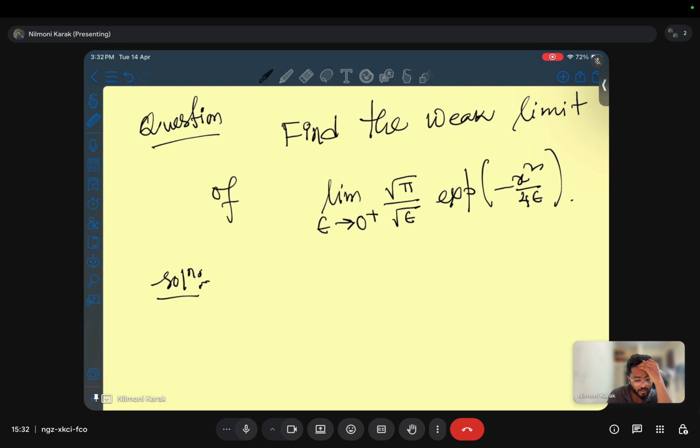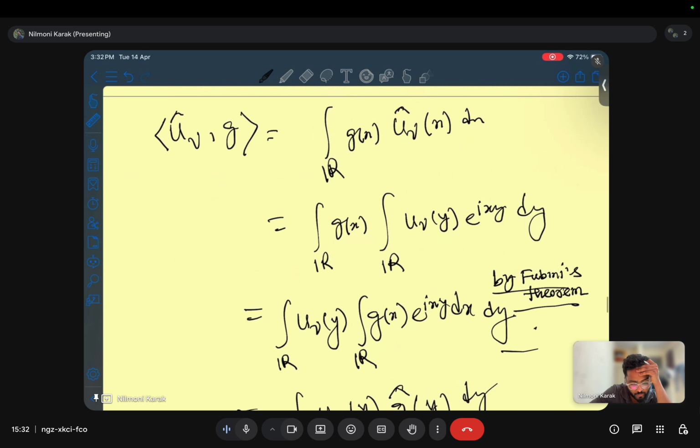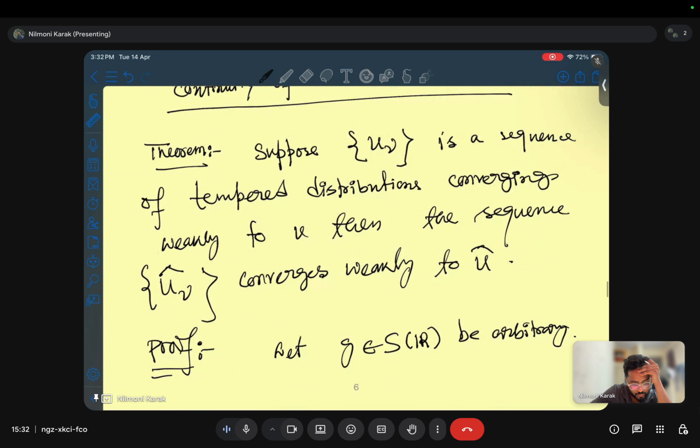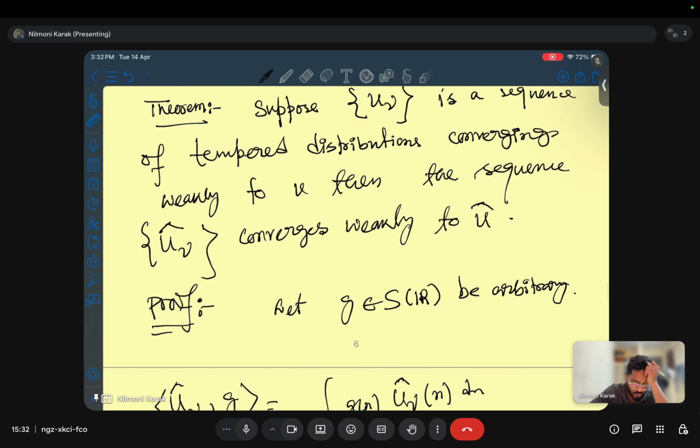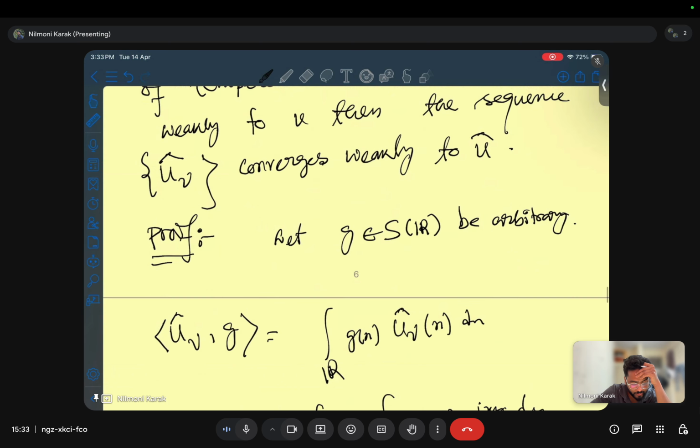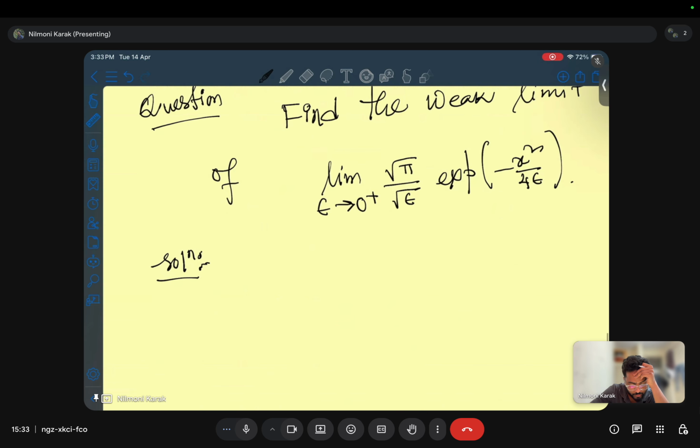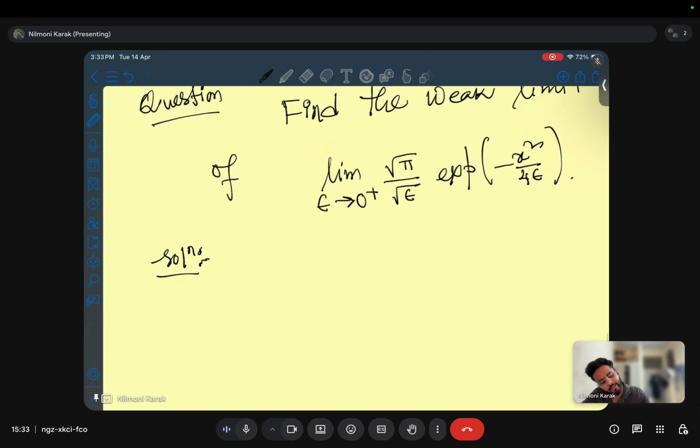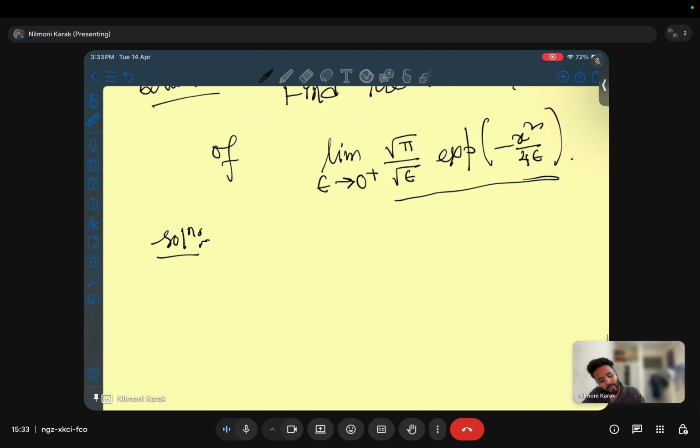So your previous theorem was what? If un is a sequence of tempered distributions converging weakly to u, then the corresponding sequence of Fourier transforms un hat converges weakly to u hat, right? So can you guess, is this the Fourier transform of some function? Actually, yes.